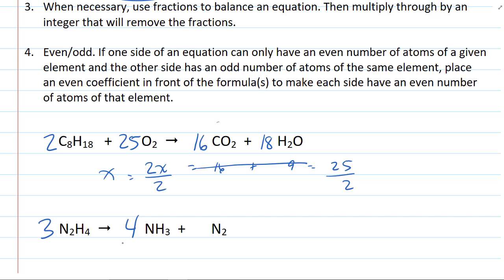Get the explosion screen out. And if you startle easily, you may want to cover your ears for this.